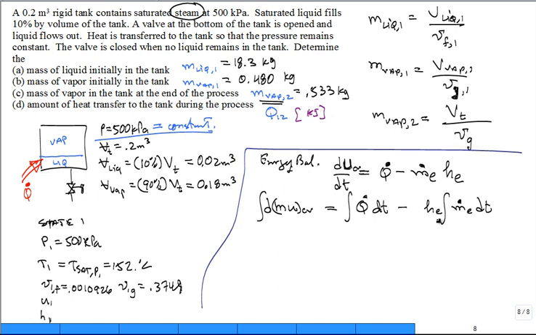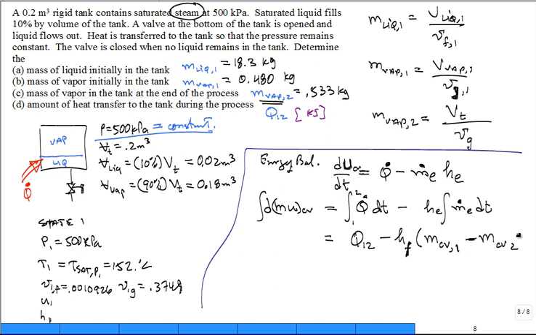That's why it's a constant, that's why it can be taken outside that integral. This is equal to the amount of heat transferred during the process from 1 to 2 minus H of exit, which is H of F, saturated liquid at 500 kPa. This is the integral of the mass flow rate exiting. That's going to be the mass in the control volume at the final state minus the mass in the control volume at the initial state. Isn't that how much, whoops, got to get the sign right.